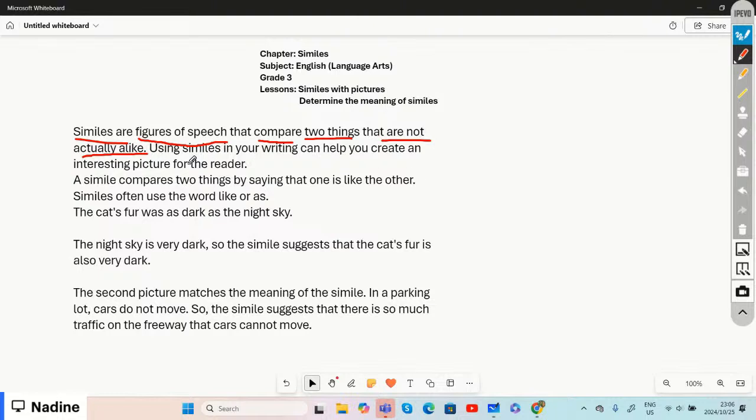And when you're using similes in your writing, it can help you to create an interesting picture for the reader.